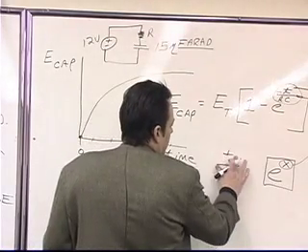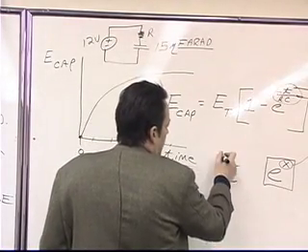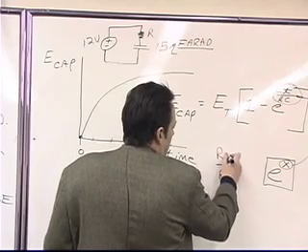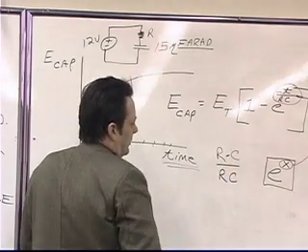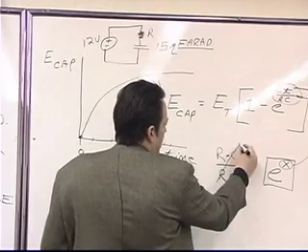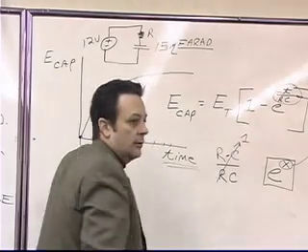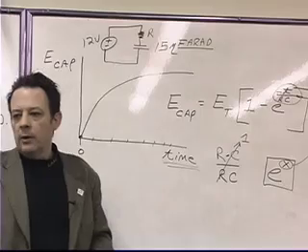If we were to substitute for the time the resistance times the capacitance, wouldn't that simplify into a 1? Because anything over itself is 1.